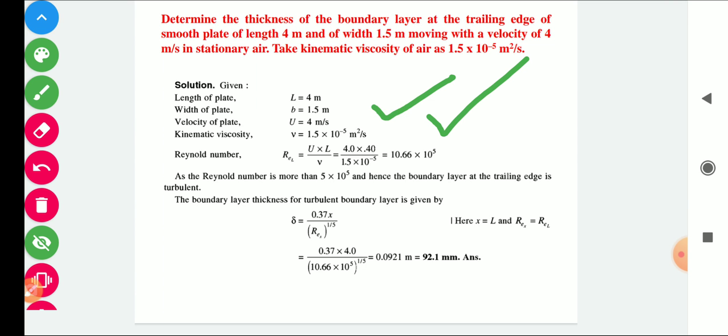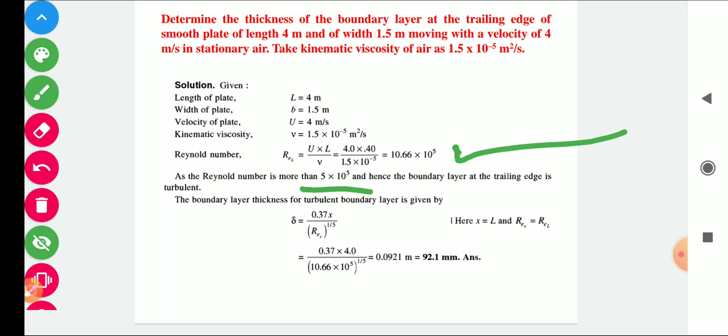So with the help of this data, determine the value of Reynolds number. That value of Reynolds number is 10.66 into 10 to the power 5. This value is more than 5 into 10 to the power 5, which means the flow is turbulent.